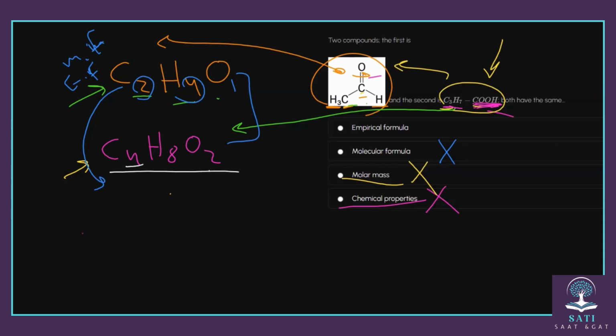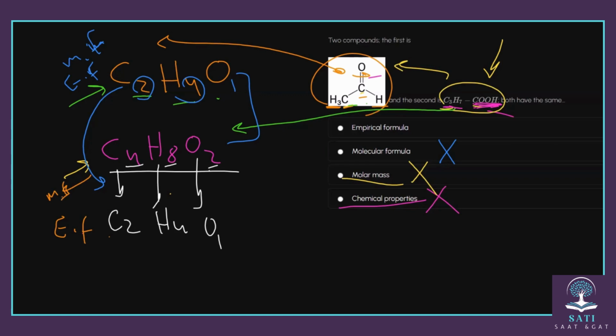Okay, what about this one here? Can I simplify the 4 and the 8 and the 2? Yes, I can divide them by 2. What will I get? This one now will be C2, and here it's gonna be H4, and this one will be O1. You see? So this one now is the empirical formula, while this one is the molecular formula.